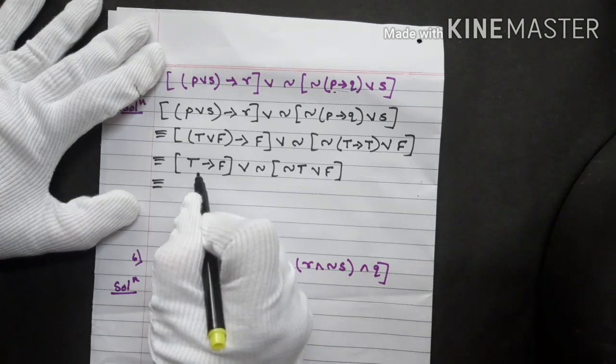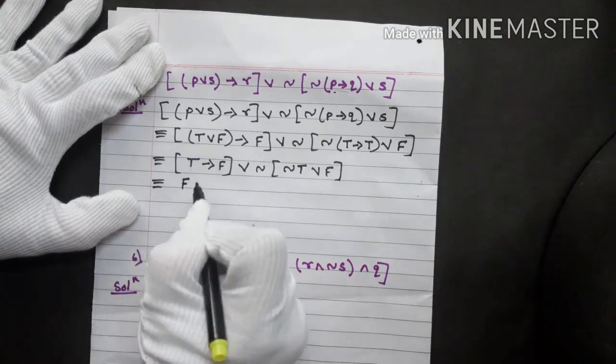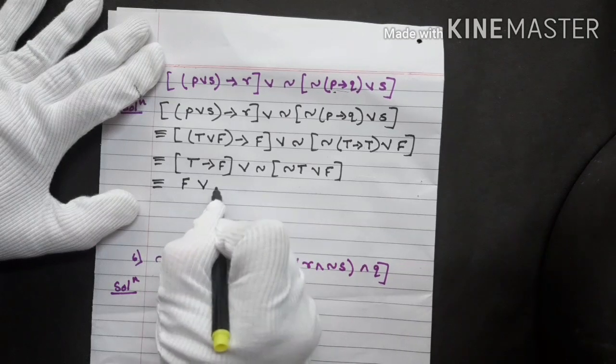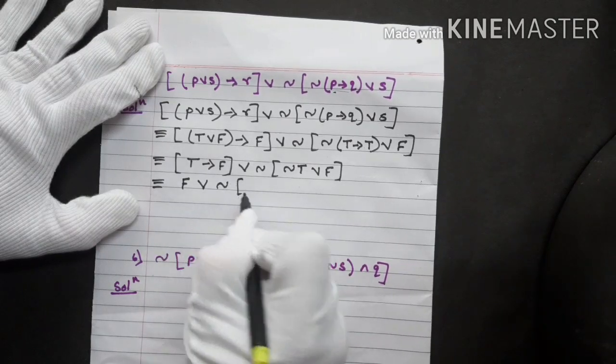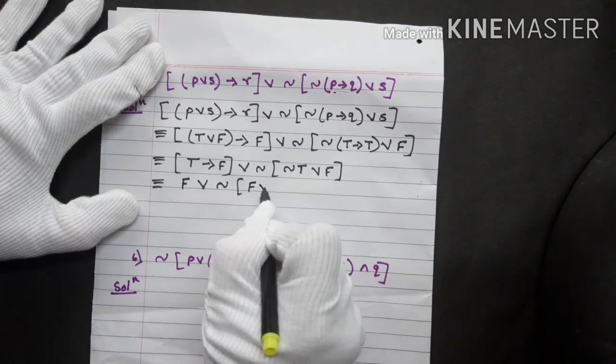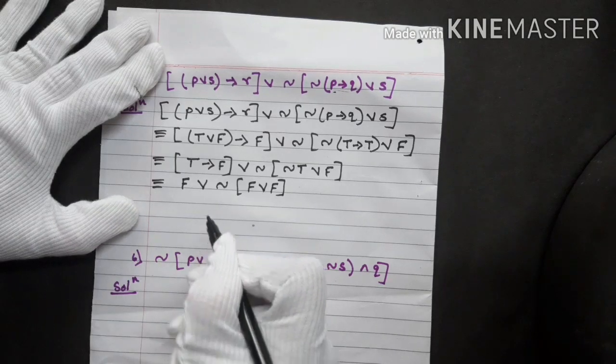Correct? Rest all are true in implies. So this is F or negation. Now here again negation T, that is F or F. Correct?